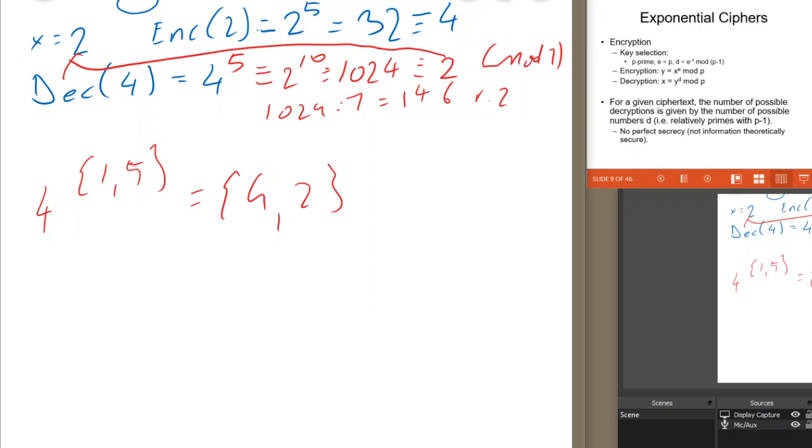So an attacker, even if it doesn't know the key, knows that the key mod 7 can be only 1 and 5, and therefore the only messages that can correspond to 4 are 4 and 2, and the messages cannot be 1, 3, 5, 6. As such, this solution is not offering perfect secrecy.